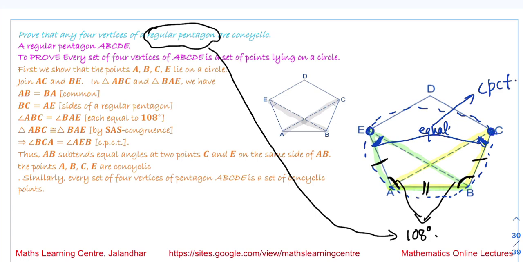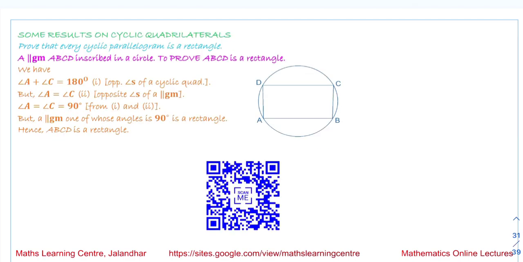So A, B, C, E lie on a circle. So these 4 points are concyclic. Similarly, we can consider any other 4 points on the regular pentagon and prove that they are also concyclic. Now next we have some theorems related to cyclic quadrilaterals.